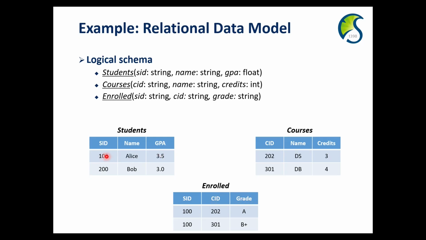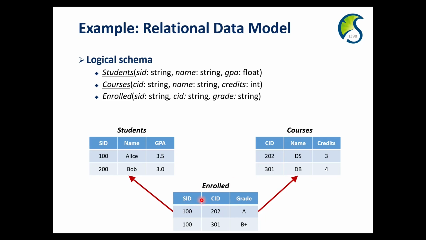And these are instances for different relations, and as I said, each row is called a tuple. And now we can specify some relationships between different relations. The arrow means that Enroll refers to students, and Enroll also refers to courses.